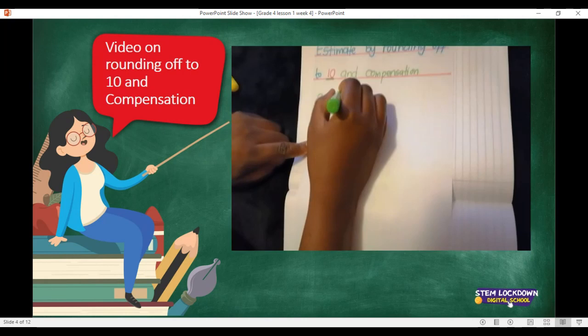Then we say 225 minus 5, and the answer is 220. This is the real answer, the actual answer, grade 4s. So that is how we round off and compensate. And if you practice it more, it's not going to be difficult for you to do it.